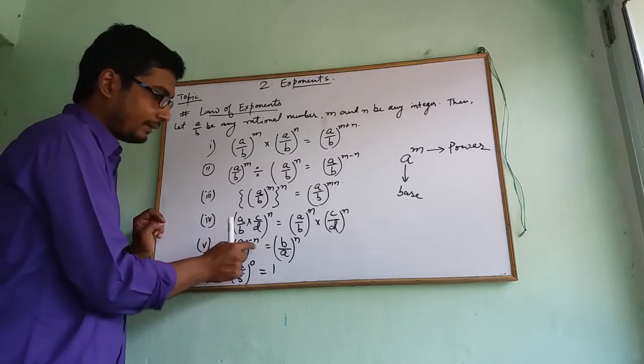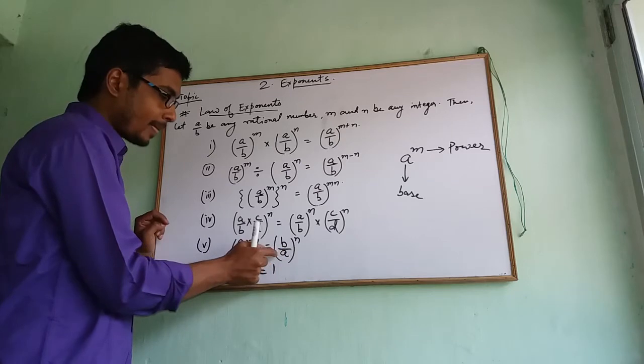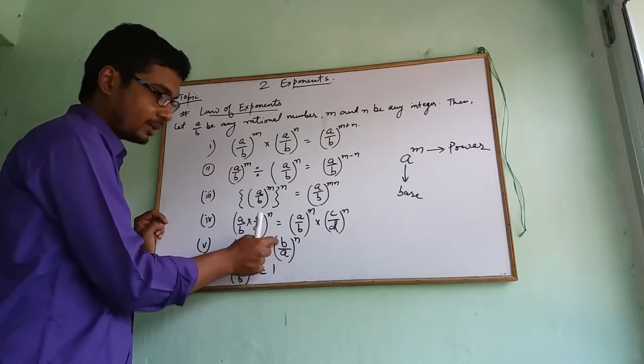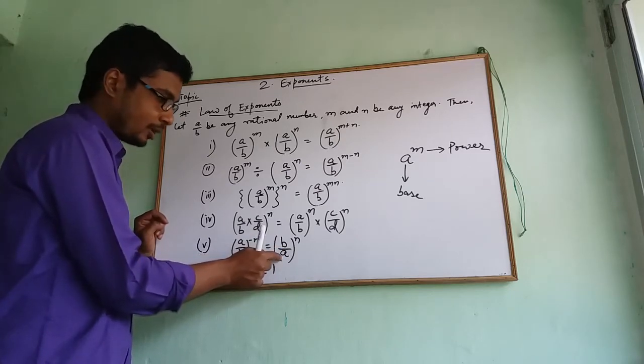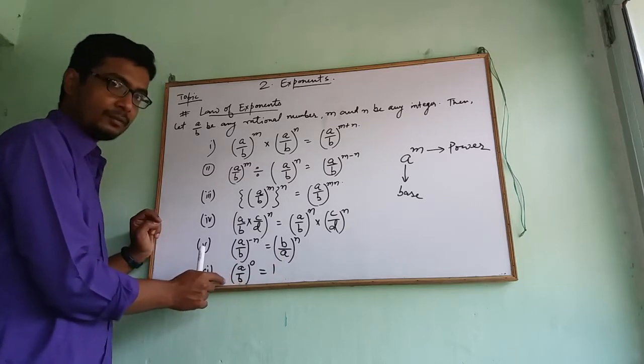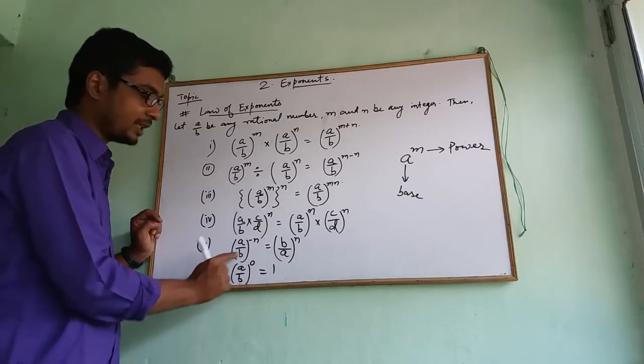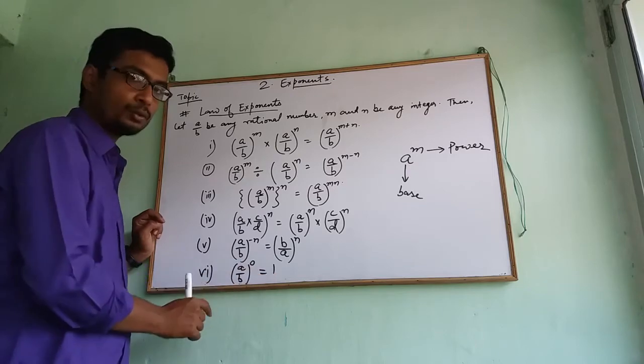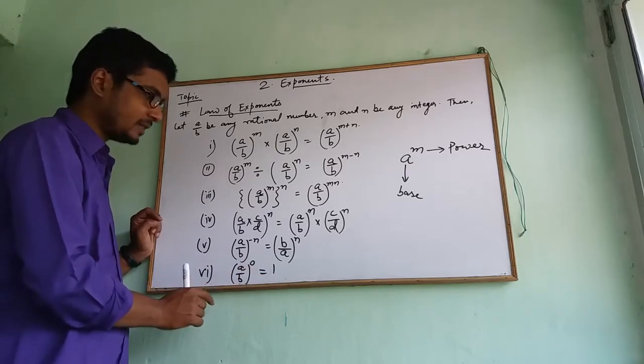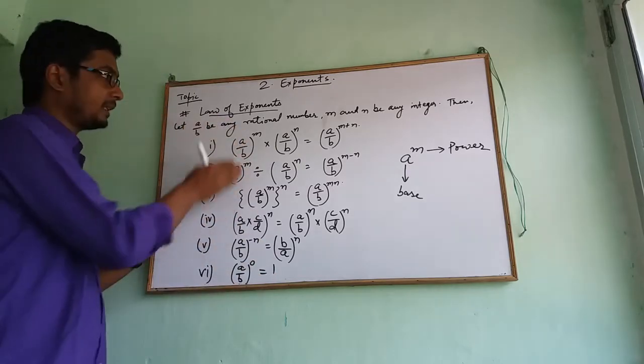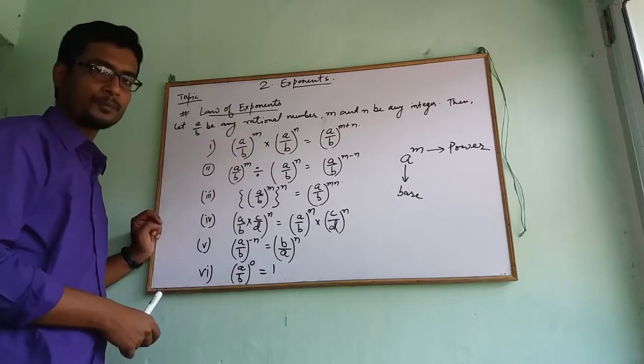After reciprocating, b becomes the numerator and a becomes the denominator. And we also know that anything which is raised to power 0 is equal to 1. So that's all from our first topic, that is law of exponents.